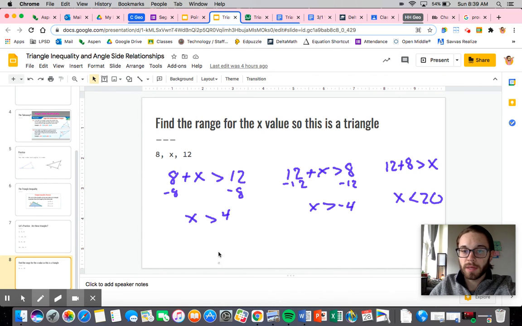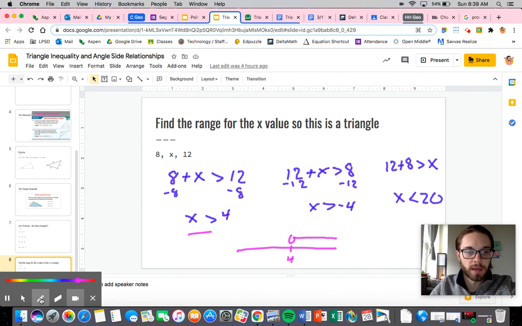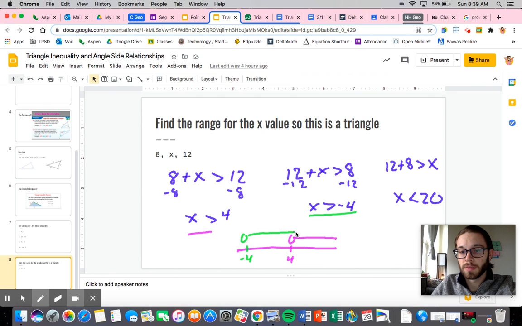Well, essentially, if I make these different colors, I'm going to make this one pink. Okay, so if I draw a number line, here's 4, greater than 4. I need to be greater than 4. Okay, simple enough. Negative 4. I have to be greater than negative 4.